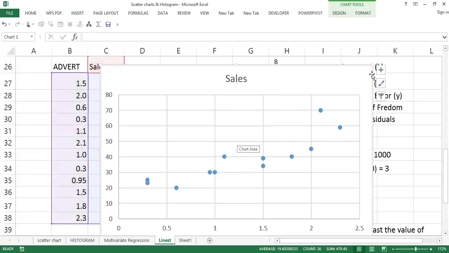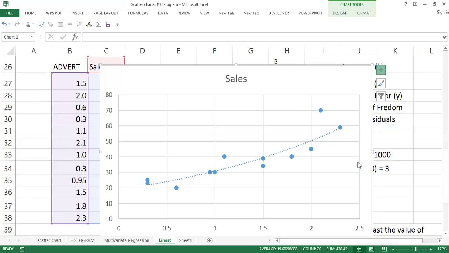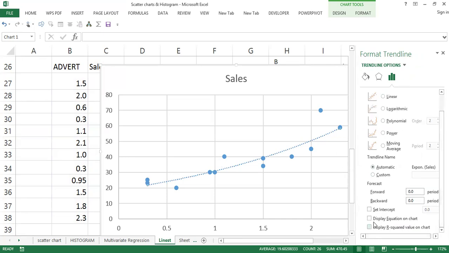Then add the trend line, exponential, more options. Come to display and display R squared value.